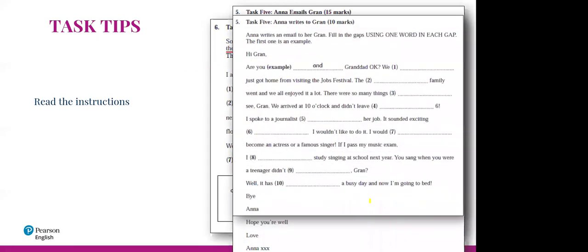And for the highest level, breakthrough, the important piece of information is that there is just one word in each gap, right? So no option to put 2 words. This is all included in instructions. That's why reading instructions is a very useful habit, I would say, the habit that you have to teach, especially at lower levels.